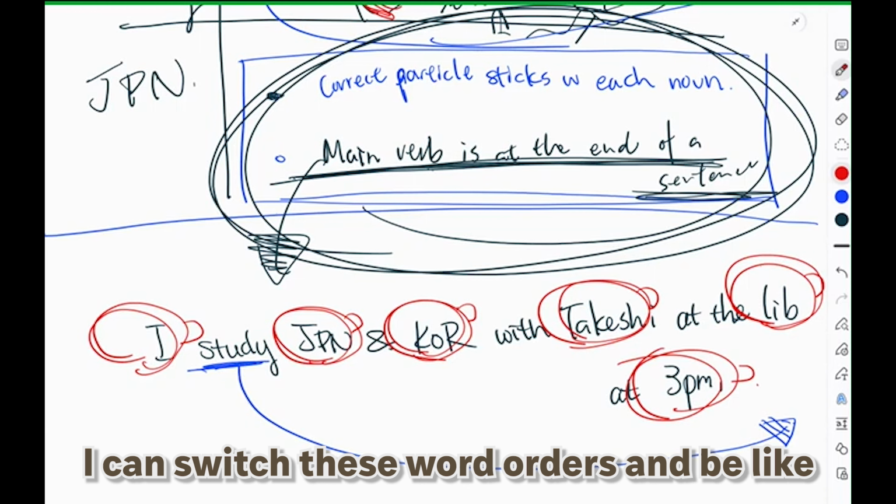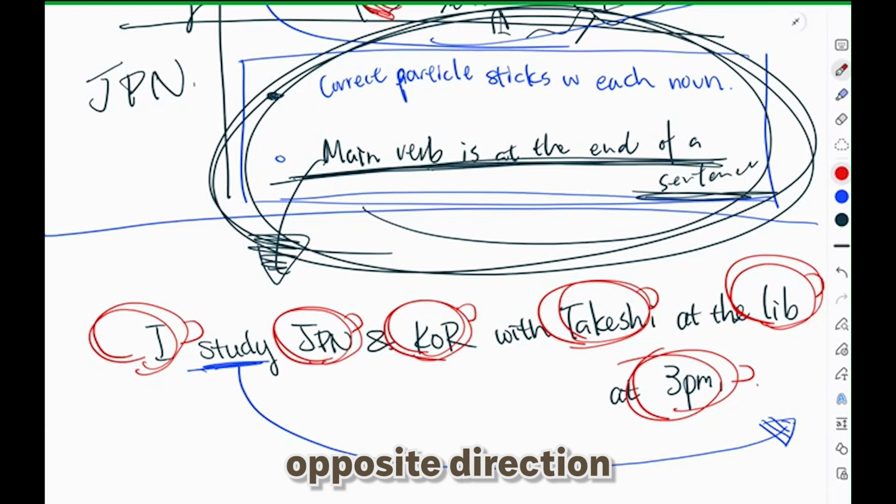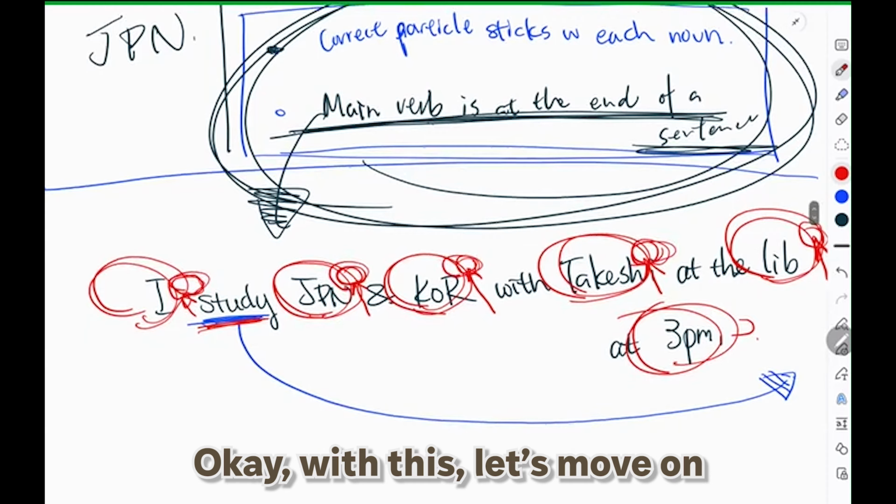That'll be the same meaning. Let's shuffle a little bit more, maybe go in the opposite direction: 3 p.m., library, Takeshi, Korean, Japanese, I, study. All of these sentences that I have said will be the same meaning as long as we put the correct particle, because the particle is the one that tells, hey, this noun's relationship with the main verb is this. Okay? So that's how important particles are. With this, let's move on.